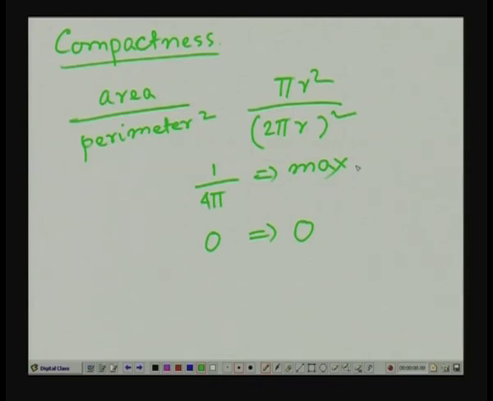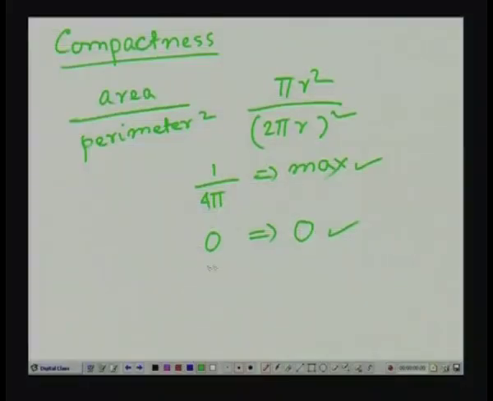So, these are the two limiting values of the compactness. One is 1 upon 4 pi, which is the maximum, and this we get for a circular region. As the region shape deviates from circularity, the compactness becomes less and less, and in the limiting case, the minimum value of the compactness will be 0.